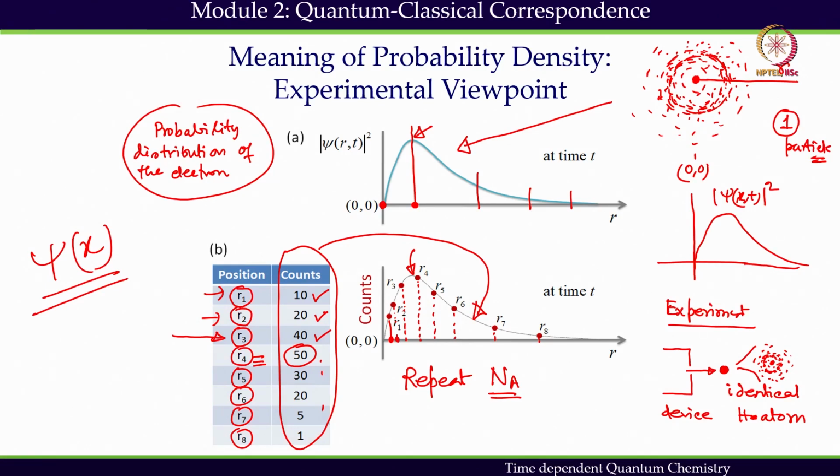For a single particle, it doesn't mean anything. This becomes puzzling, because I am dealing with the wave function of a single particle, but the meaning of that wave function, which is carried forward through this probability distribution, is actually considering an ensemble behavior.